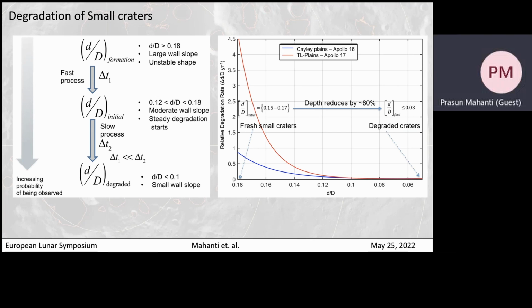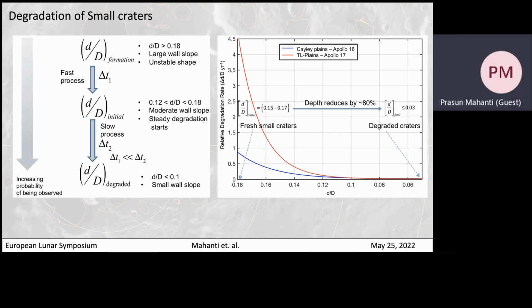Going a little bit into the degradation of the smaller craters, because that's what we are going to talk about, we have this hypothesis that for the smaller craters around this 300 meters range, when they form initially, there is a fast change because it's forming mostly in regolith.